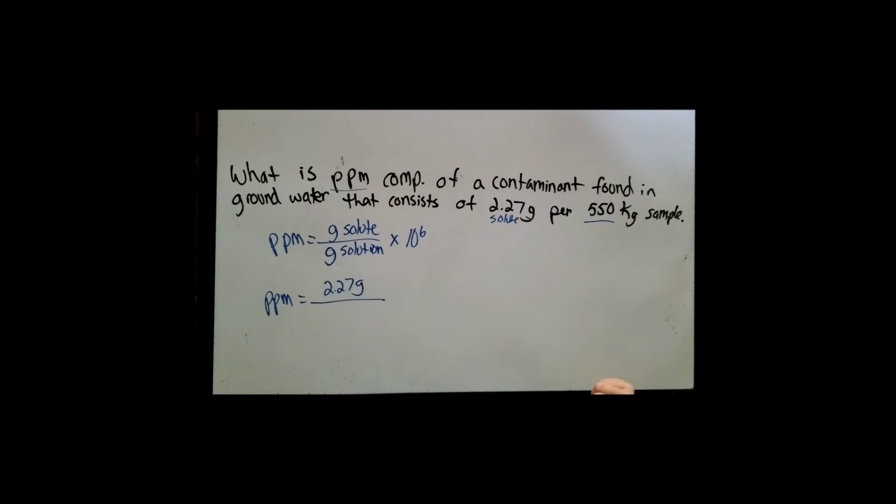First of all, I'm noticing two things. One is this 550 is of the sample as a whole, so that means it's the contaminant and the groundwater. That is my total solution. The other thing I'm noticing is that the parts per million equation wants the solution in grams.